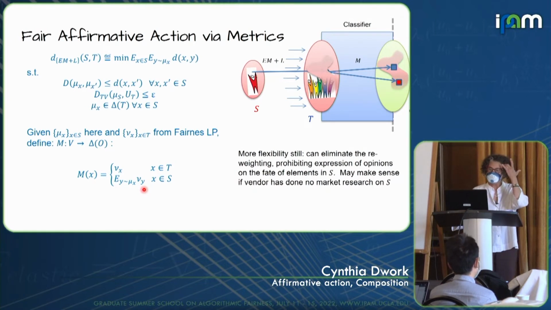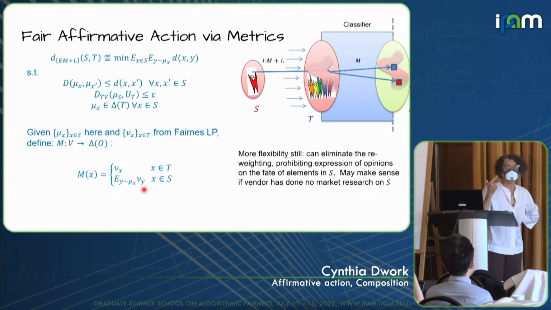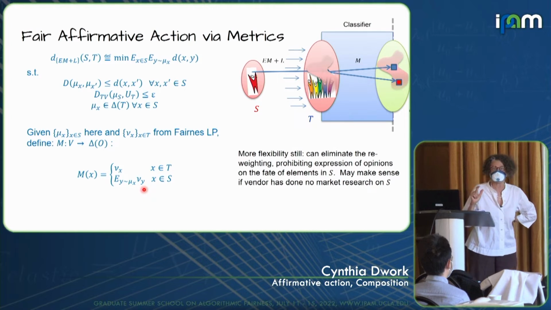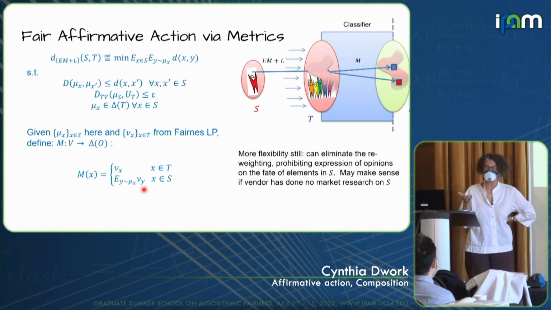Now, what did I write here? Good. So I suggested two slides back a reweighting of the loss function. It's not the only possible reweighting. There are other reweightings that could make sense, and you might want to use them.